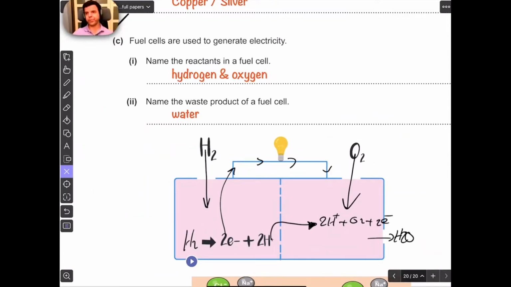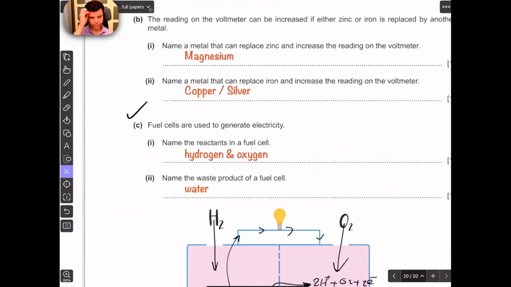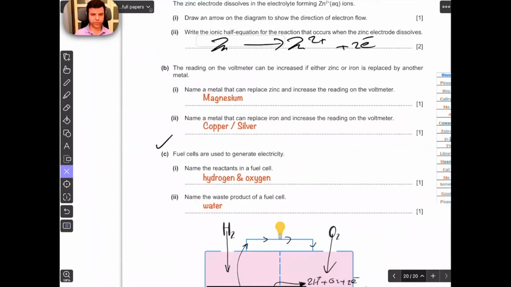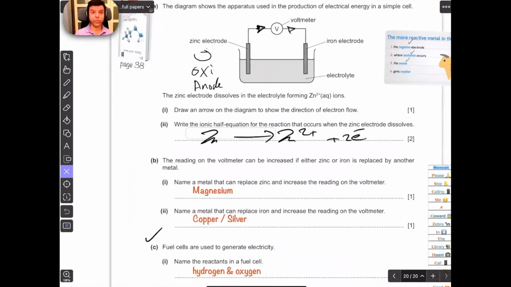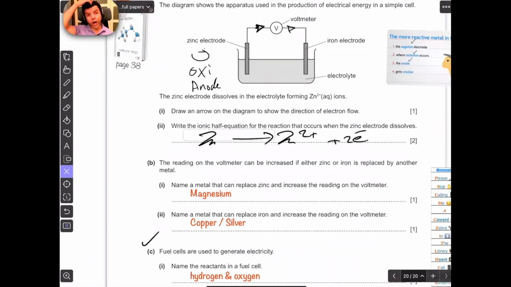Heidi? Sir, like above in the voltmeter question, I solved it today. It had a bulb, and it asked how the light intensity will increase or change. You have two options: increase the concentration of the acid, or move the metals further apart in reactivity.